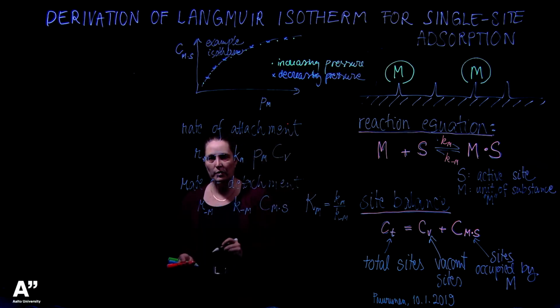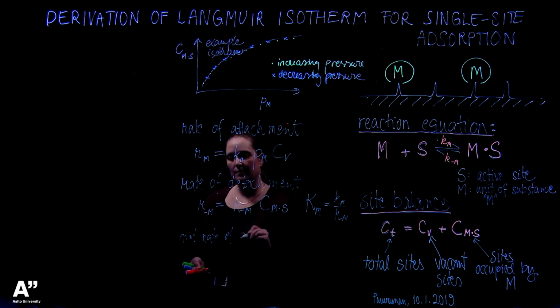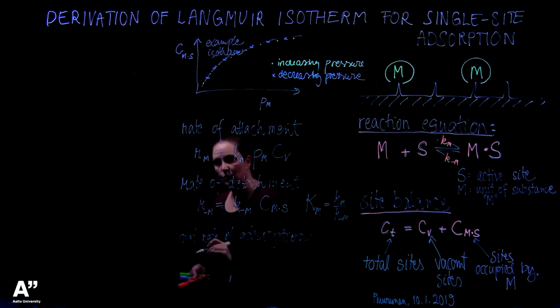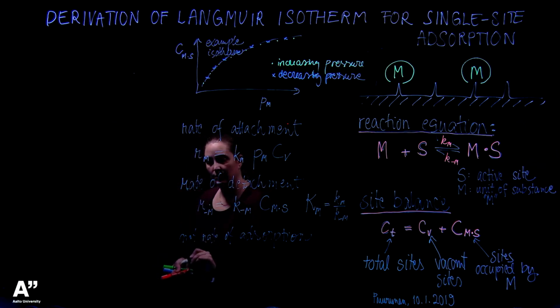And then we will consider the net rate of the reaction, of the adsorption. And this will be, of course, the rate of attachment or adsorption subtracted with the rate of detachment. So let's call that net rate of adsorption.